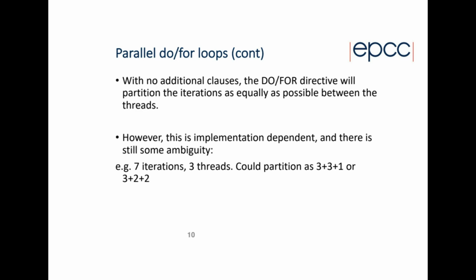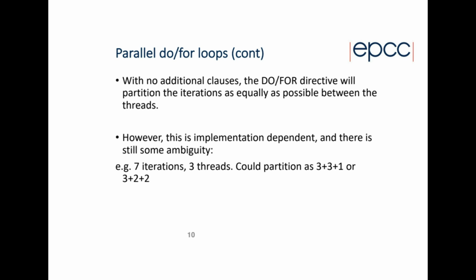Typically it won't divide exactly by the number of threads, so there's some question of how you deal with the remainder, and that's not specified by OpenMP. If we have, say, a loop with 7 iterations and 3 threads, then it could get partitioned as 3, 3 and 1, or 3, 2 and 2, and we actually don't know what's going to happen.